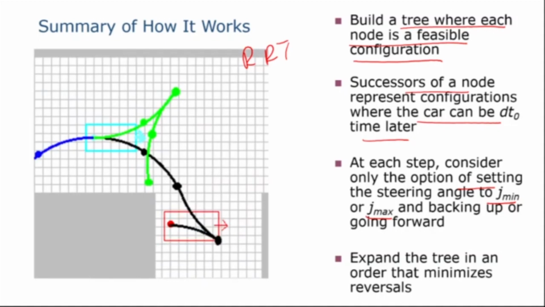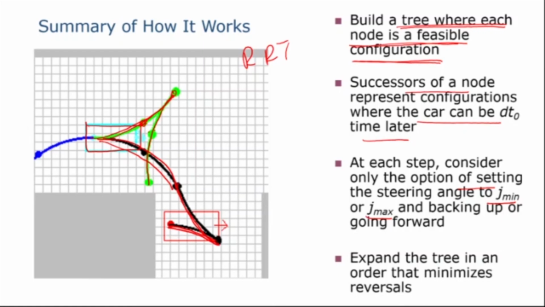Look at this. Okay, so here it was here. We took one curve like this, another curve like that. Then from here I can take one more curve like this and then one curve back like that. So from here this is one, there can be one more like this. This is one, this and that is another one. So basically build a tree where each node is a feasible configuration.